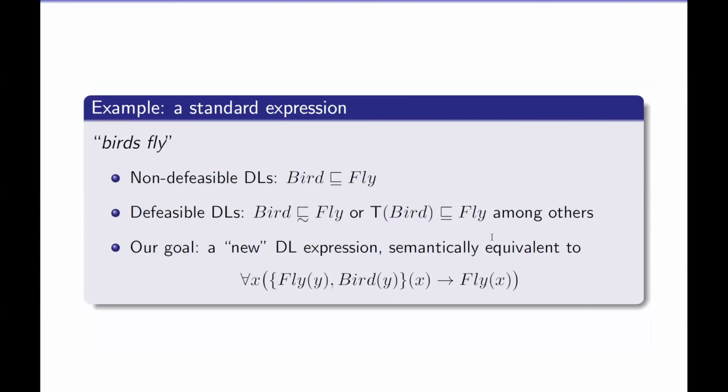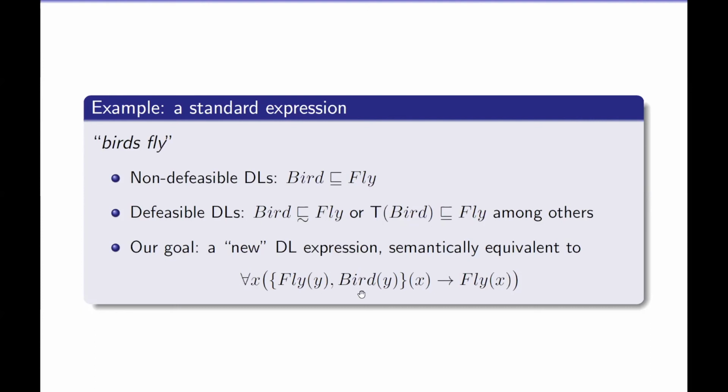For example, going back to the birds fly expression, whereas in a standard description logic, it would be simply expressed by bird subsumed by fly, there are various ways in the literature to represent through defeasible DLs, defeasible subsumption, the expression all typical birds fly.